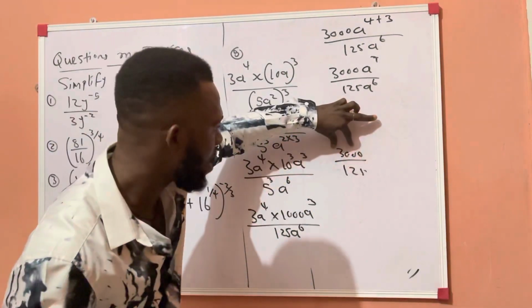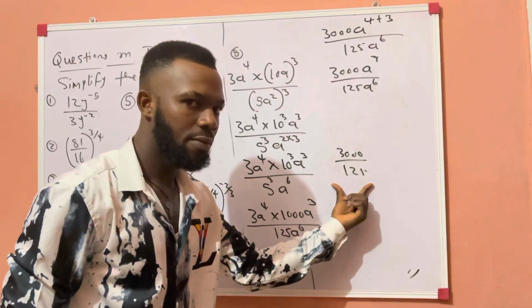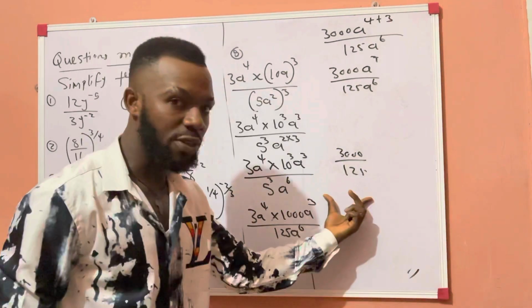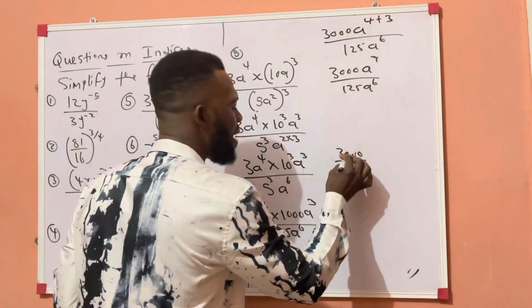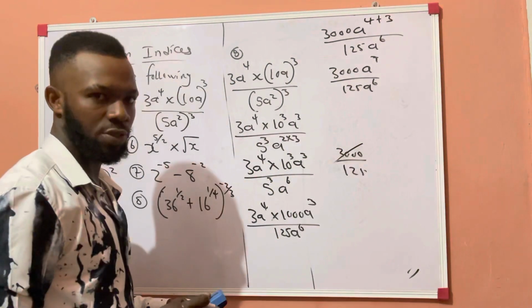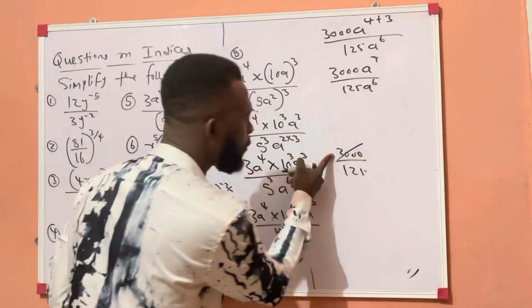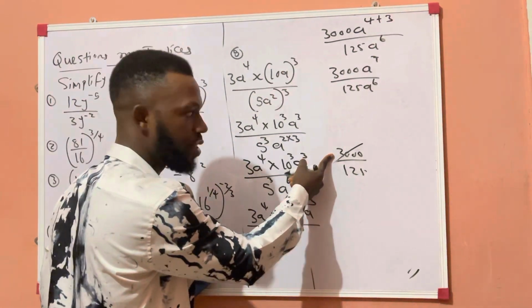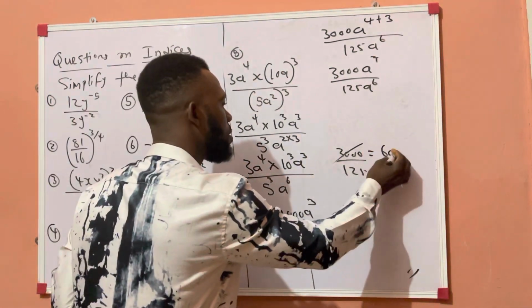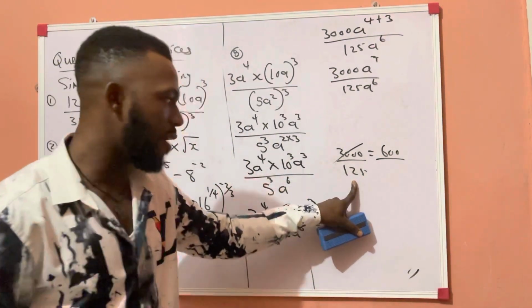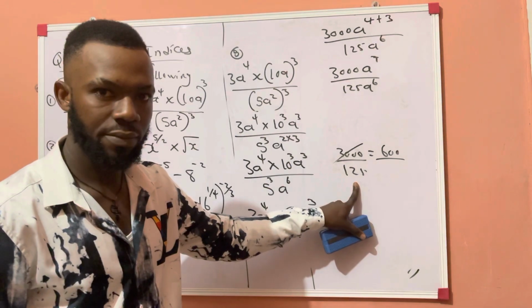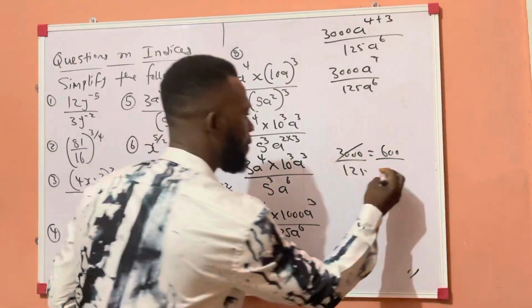What can divide 3000 and 125? 5 can do it. Now let's go. How many times will 5 go into 3000? That will give us 600. So here becomes 600 over. How many times will 5 go into 125? That will give us 25. This is our 25.